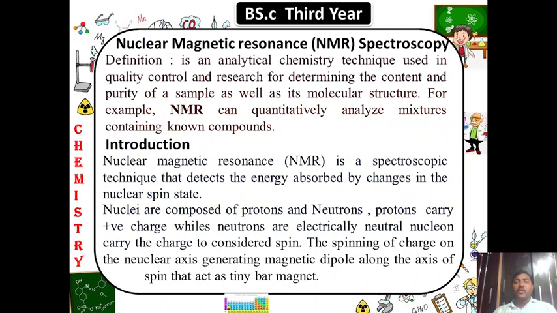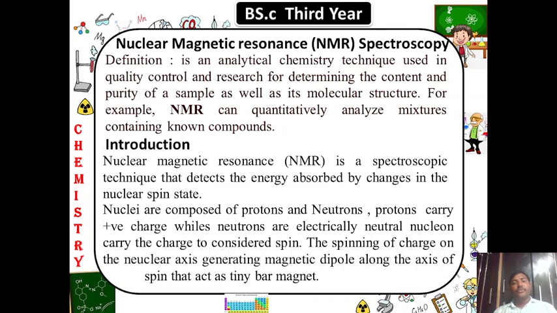Nuclear magnetic resonance, NMR spectroscopy, is defined as an analytical chemistry technique used in quality control and research for determining the content and purity of a sample as well as molecular structure. For example, NMR can quantitatively analyze mixtures containing known compounds. Enantiomers are also calculated by NMR spectroscopy.